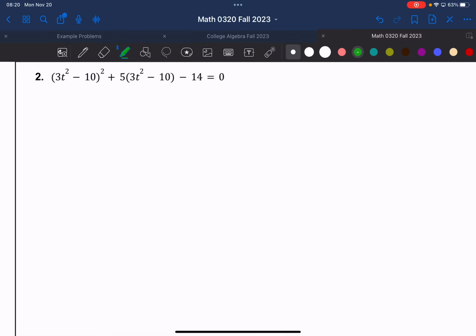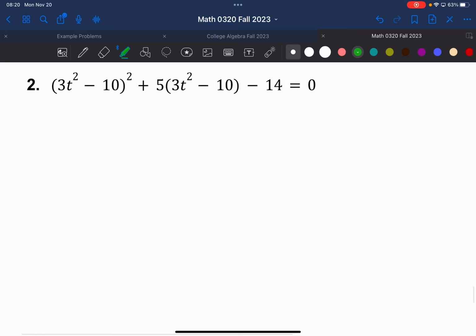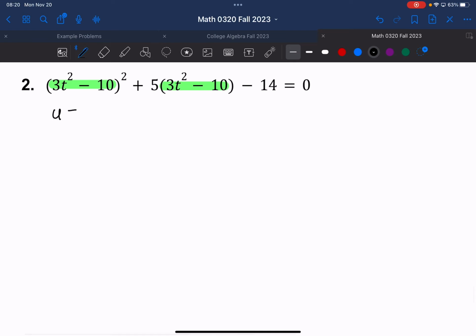So looking at number 2, what do we see that repeats twice? Good, that 3t squared minus 10. So that tells us that is going to be our what value? Our u. So u is equal to 3t squared minus 10.